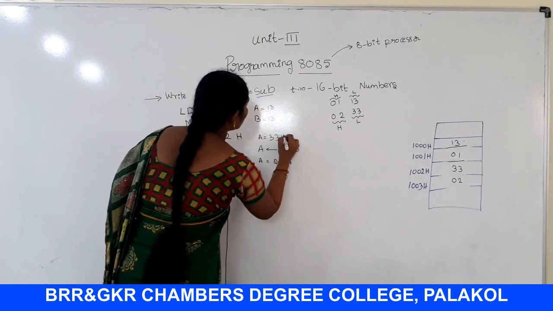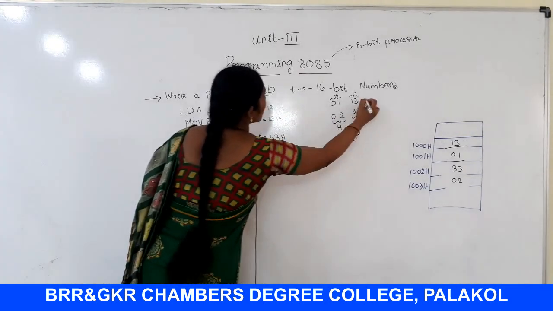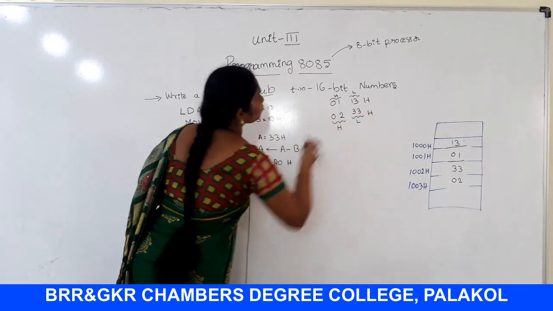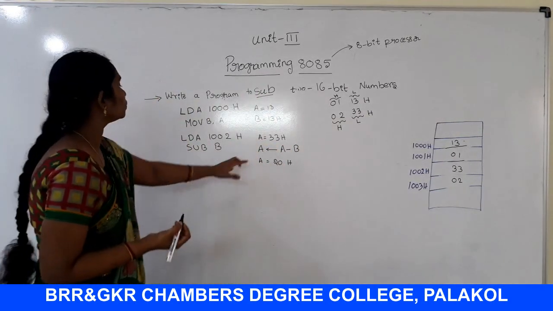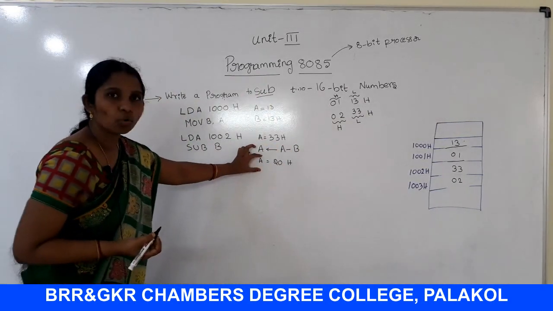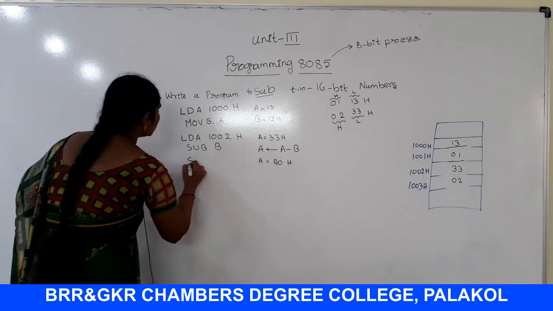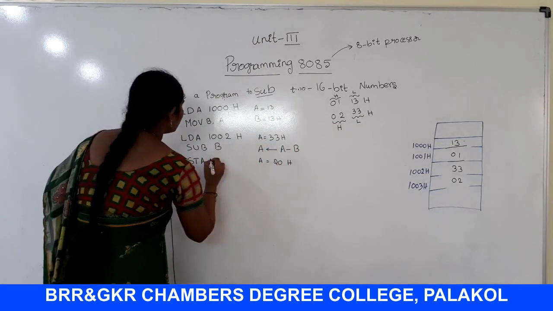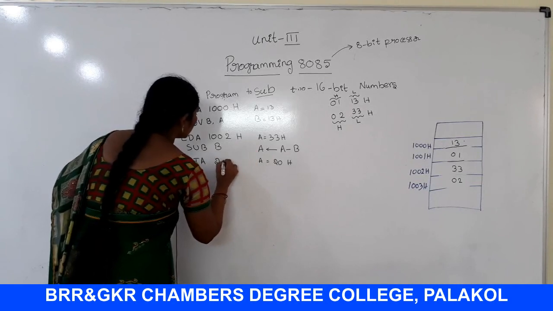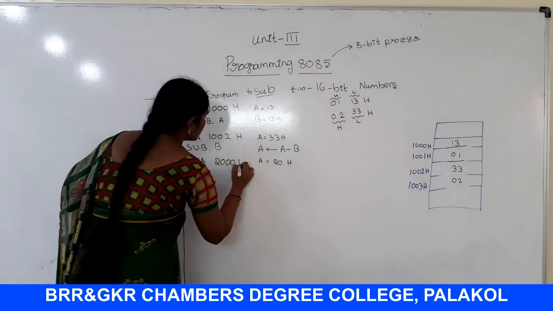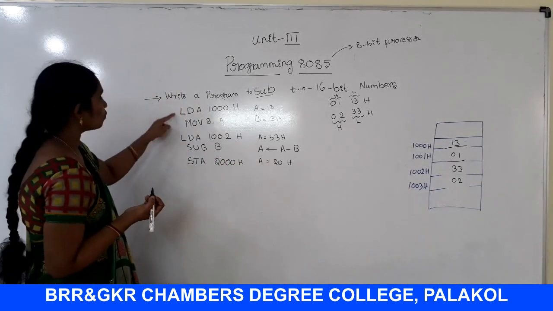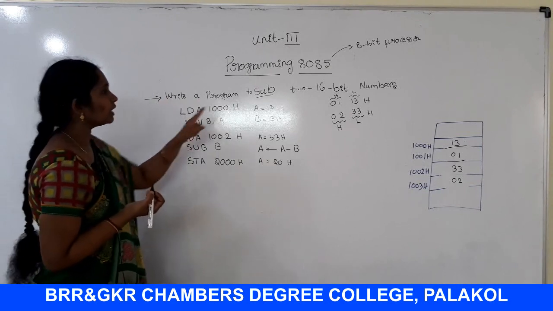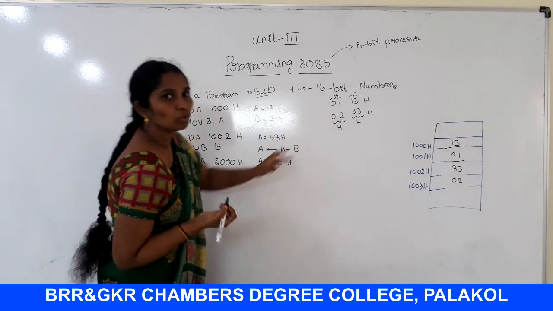All are hexadecimal values here also. Now we store this 20 using STA, store accumulator, at an address that I assign, 2000H.